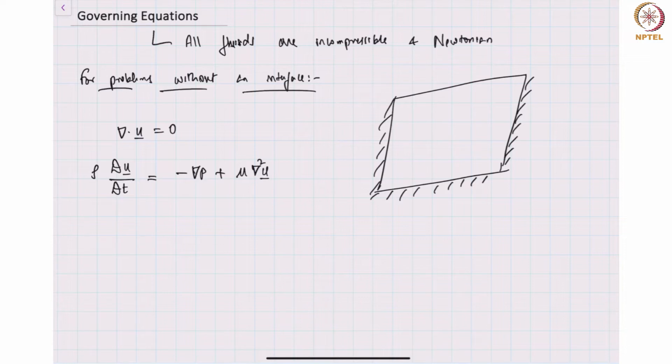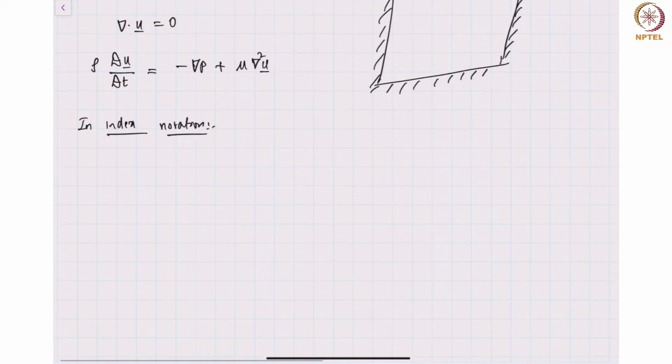And if I were to write down these equations in index notation, I will recognize that the velocity vector u has three components, three scalar components, where e1, e2, e3 are unit vectors in the 1, 2, and 3 directions respectively.